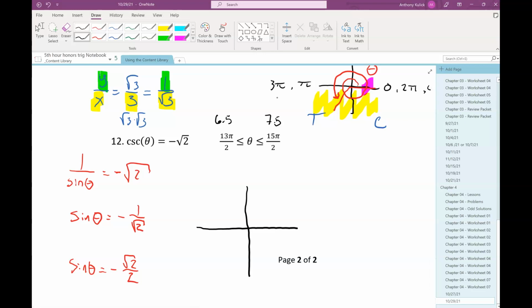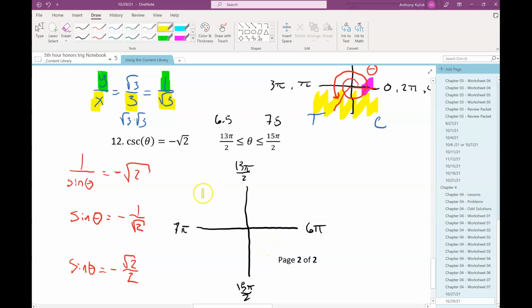So I'm just going to kind of count and then just label the last time around if that's okay. All right. 0, a half, 1, 1.5, 2, 2.5, 3, 3.5, 4, 4.5, 5, 5.5, 6, 6.5, 7, and then 7.5.